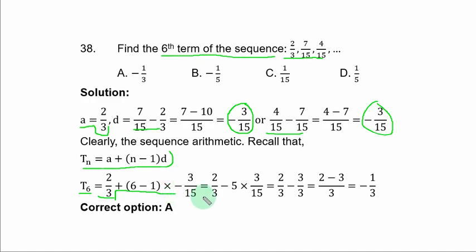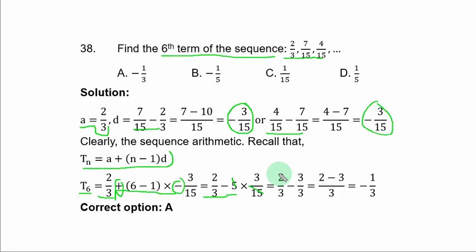So you have 2 over 3. Then we have this minus times this plus becomes minus, then 6 minus 1 is 5 times 3 over 15. Divide 5 and 15 by 5, you are left with 3 here.